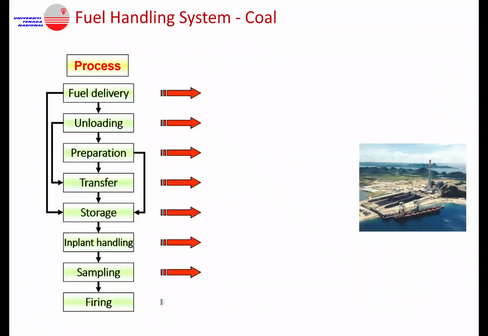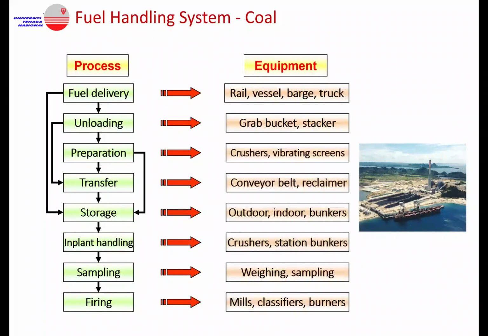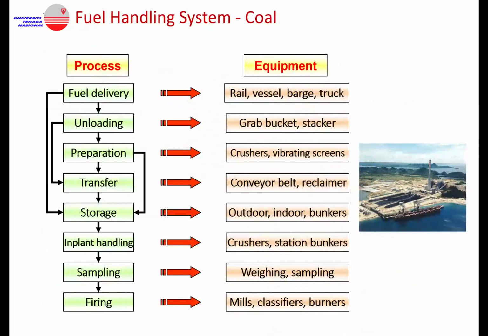Okay, the last subtopic under fuel and combustion is the fuel handling system. We know that in our power plant we require fuel for combustion. We want combustion because we want the heat.